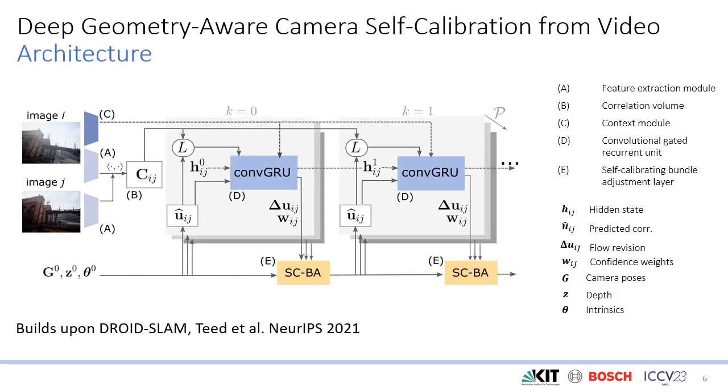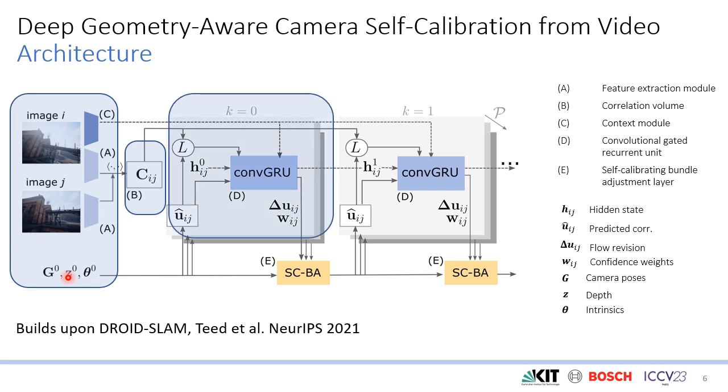Having seen the general idea, let's now look into the detailed architecture, and here we build upon the deep visual SLAM system DroidSLAM. We assume an initial guess for poses, depth, and intrinsics to be given, and in the first step, features are extracted from all images. Then, based on the feature maps, a correlation volume is computed, which contains the correlations of all pairs of pixels in the two feature maps.